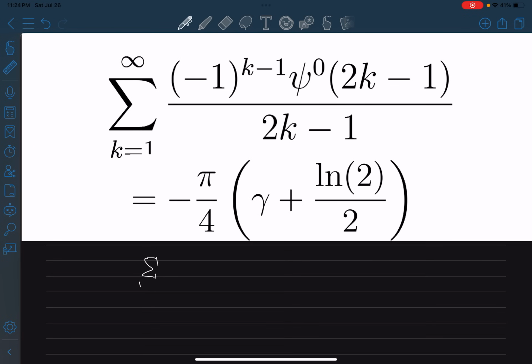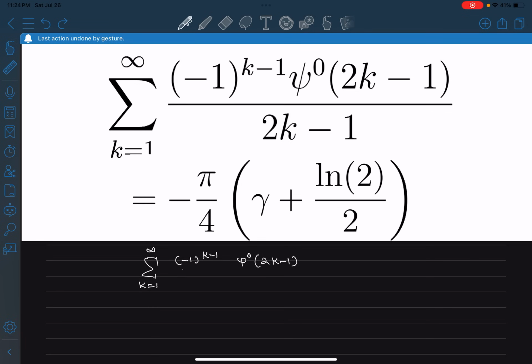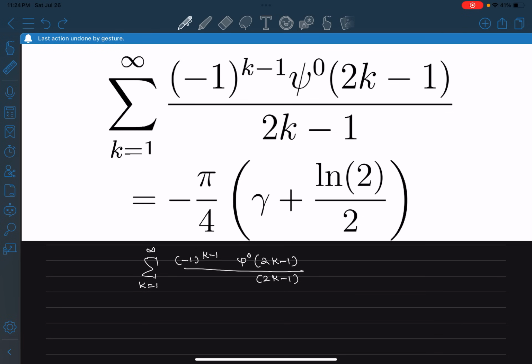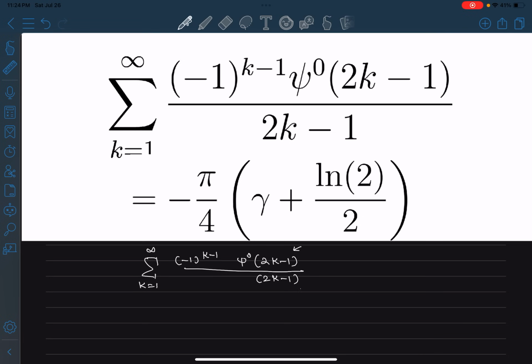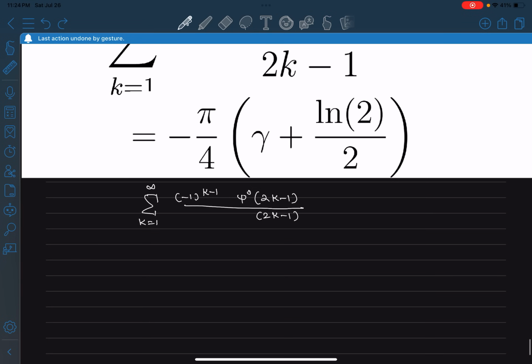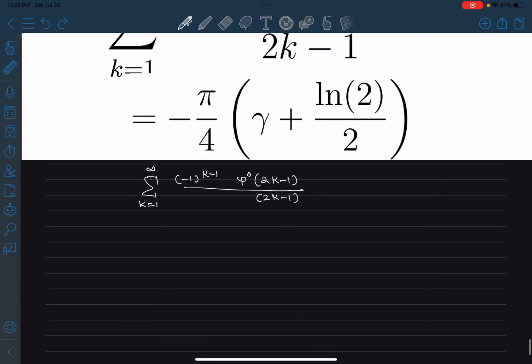This sum from k equals 1 to infinity of (-1)^(k-1) times digamma function of (2k-1) over (2k-1). Now the fact that there's this alternating term, and also these odd numbers, will basically help us turn this into an easier thing. So, let me show you.